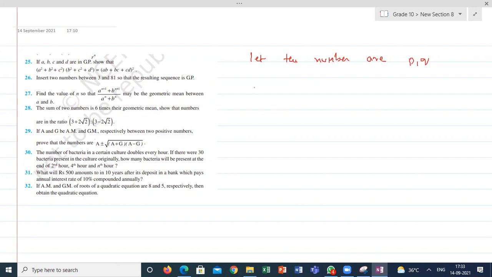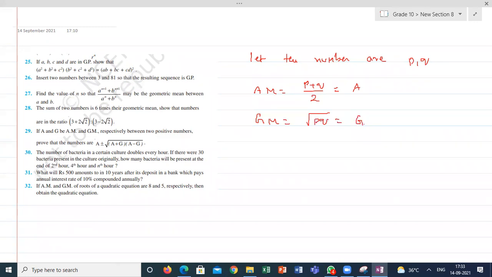So the arithmetic mean of P comma Q is P plus Q by 2, which is equal to capital A. The geometric mean of P and Q is root PQ, which is equal to G. This is the data.